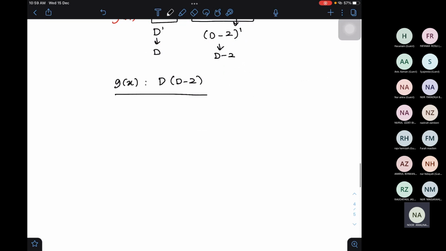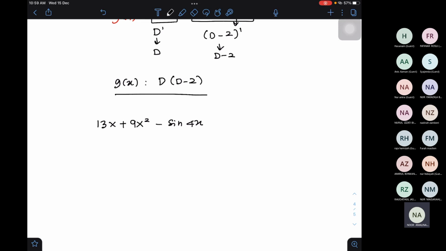Okay, contoh lagi. Katakanlah kita ada 13x tambah 9x square tolak dengan sin 4x. Okay kelas.